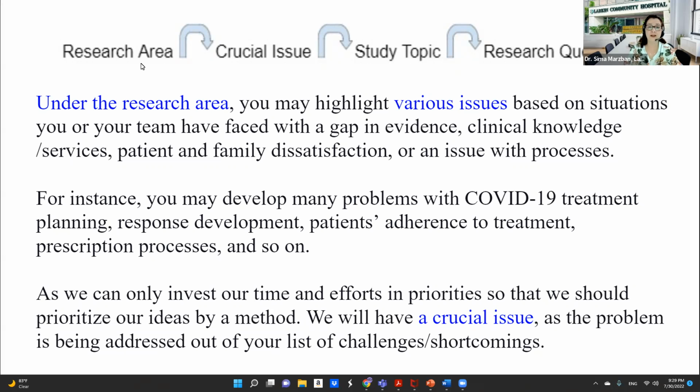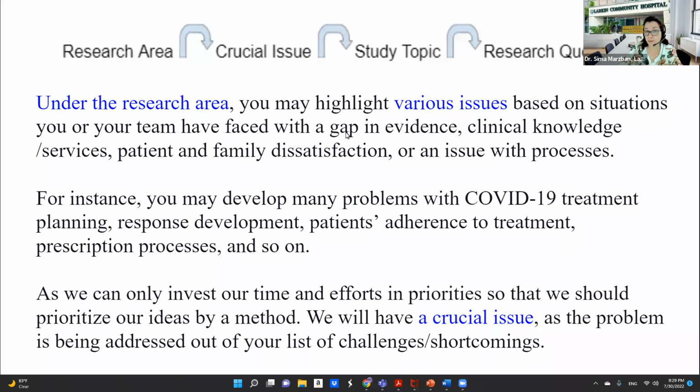Under the research area, you may highlight the various issues based on situations you or your team have faced: a gap in evidence or clinical knowledge or service gap, patient and family dissatisfaction, or an issue with process. So you have to find issues under the research area.